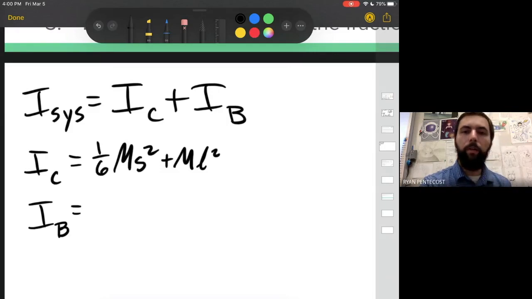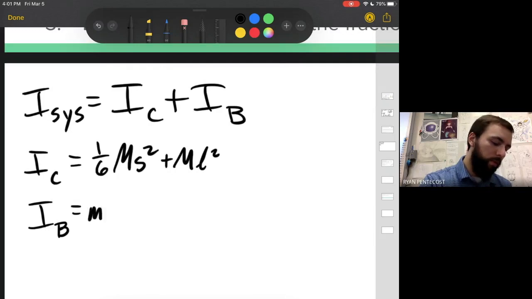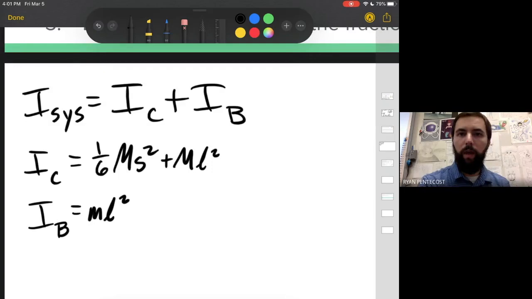Now the bullet, there is no prefab for that bullet that we're working with, so we're going to assume it's a particle. The moment of inertia of a particle is the mass times the radius from that particle to its axis of rotation squared. So that will be little m for the bullet and the length of the rod squared, m L squared.